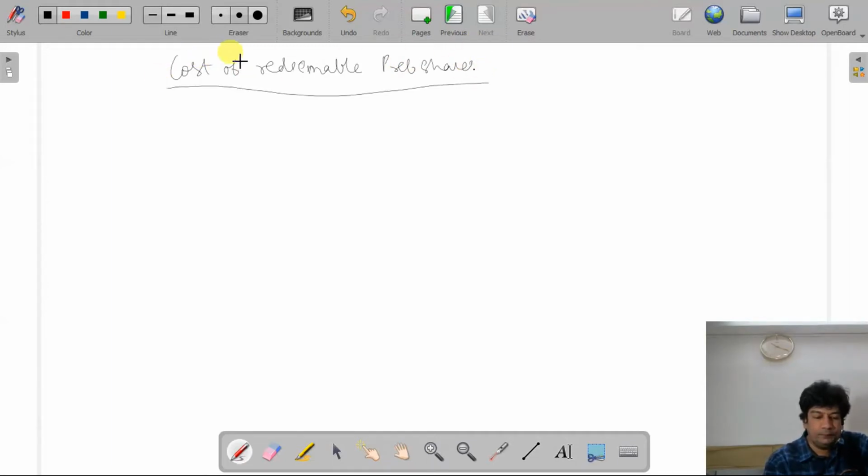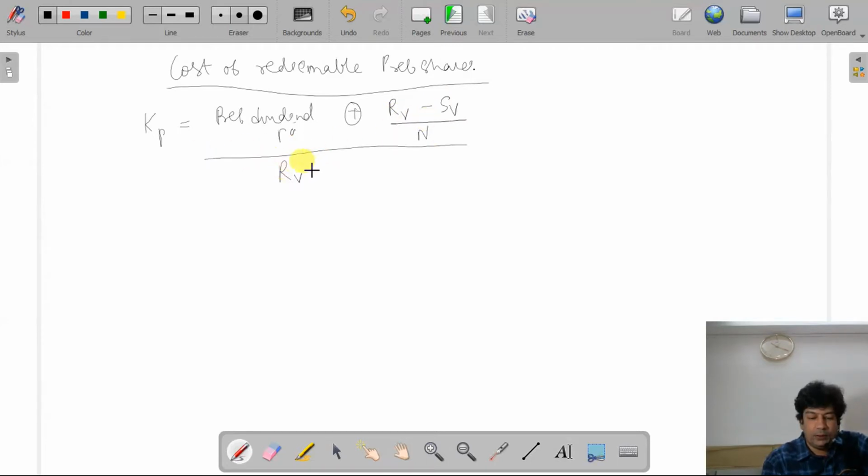And I'll write the formula. Cost of redeemable preference shares is your preference dividend per annum plus the redemption value minus the sale value upon the number of years, and then redemption value plus the sale value divided by 2, and this entire thing we are going to multiply by 100.